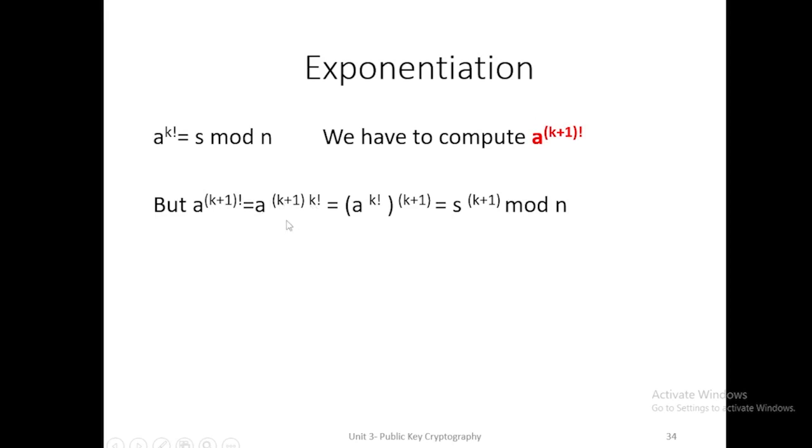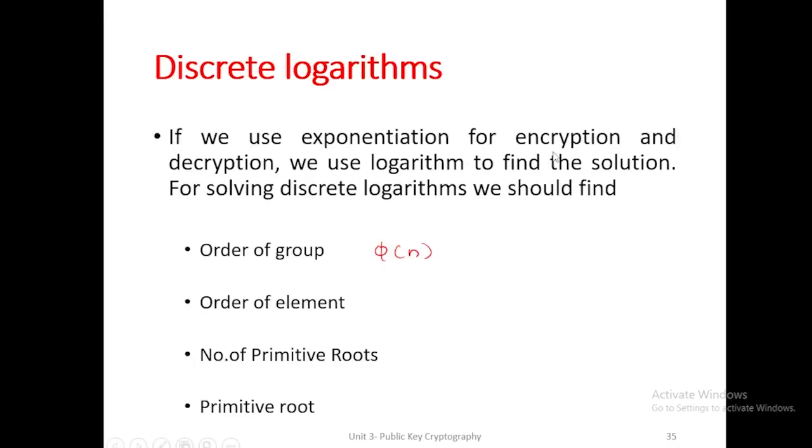So at the power side, I am writing it as a to the power k plus 1 into k factorial. We can also interchange the k factorial and k plus 1 value, and we already know that a power k factorial is s mod n. So instead of this value, I substitute x. So x to the power k plus 1 mod n.